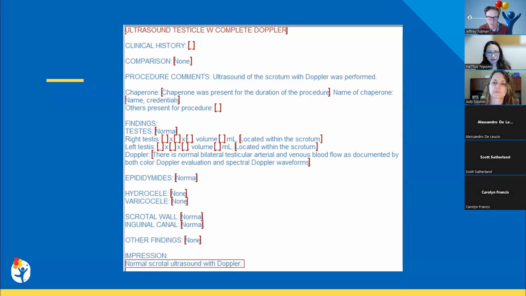So it can be a nurse, it can't be a parent. It has to be a staff member of the hospital, but most often it's one of the sonographers and they chaperone for each other. Interesting. It's a bit of a challenge because we're so short staffed right now, like I think everybody is. Asking sonographers to add that to their duties has been a challenge, but we've figured it out at this point.